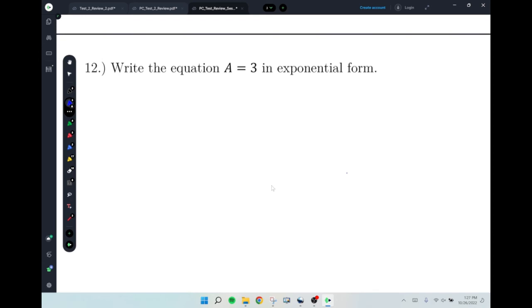Oh, well, no, that wouldn't be in exponential form. That would be with an exponent of 1. So we go 10 to the A, e to the A. Is that helpful? You could raise it to e and raise it to e. Does that do anything for you? e to the 3 equals e to the A.